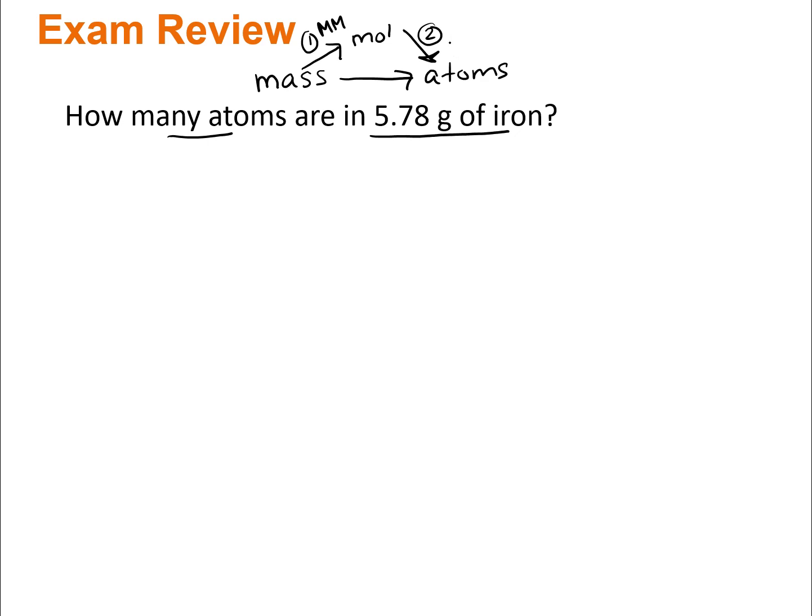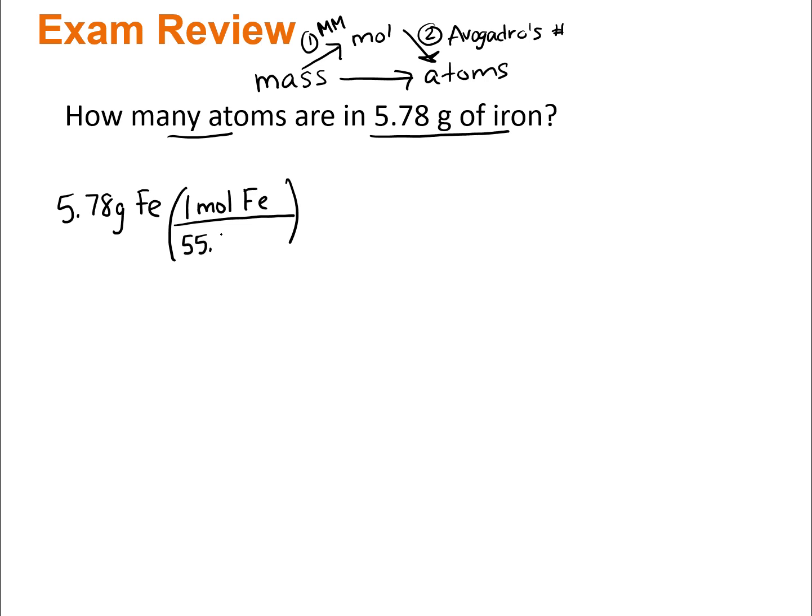From moles to atoms, it's Avogadro's number. Starting with our mass of iron. For this, you just have to look at the periodic table. You don't have to do any calculations for the molar mass. Just report what's on the periodic table in grams. There you go.